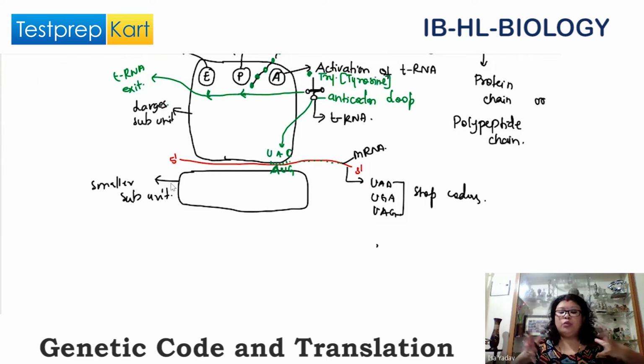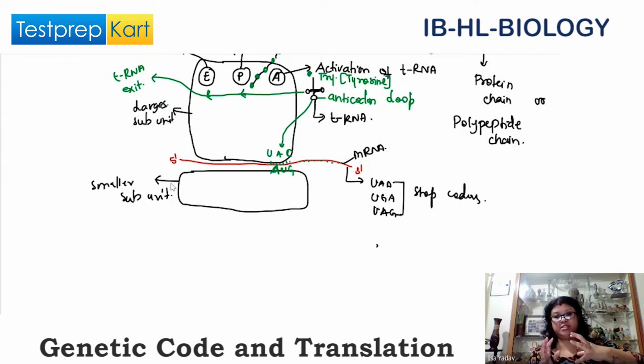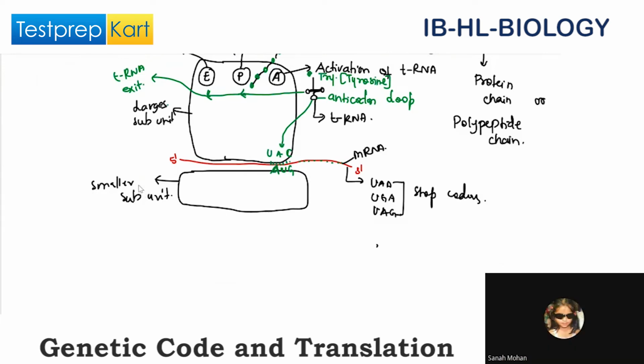The two subunits remain together by an ion called magnesium ion, but only for protein synthesis. When the protein synthesis is over, the two subunits separate out. That means the ribosome's two subunits do not remain together always. They come together only during the process of protein synthesis. This point is clear?